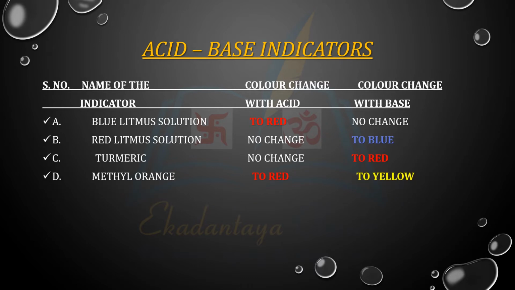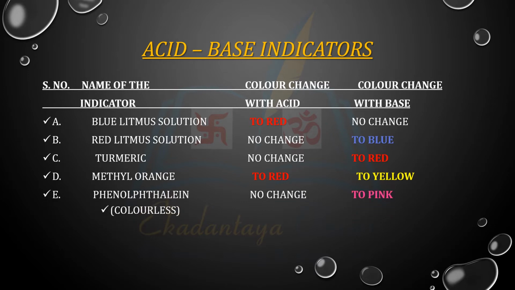Methyl orange, when it reacts with acid, it turns to red, and when it reacts with base, it turns to yellow. Phenolphthalein, when it reacts with acid, no change takes place. When it reacts with base, it changes into pink.